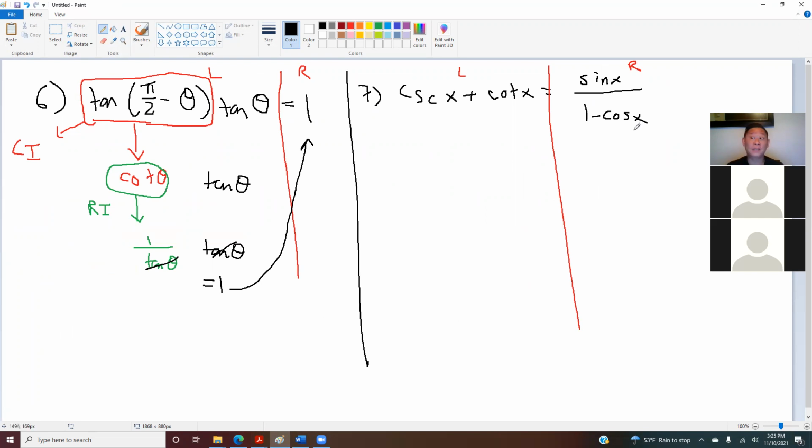You cannot split this into 2 because this is a binomial here, 2 terms. You can only split it if you only have 1 term. Anyone? Good try, but anyone? This number 7 is really tough.